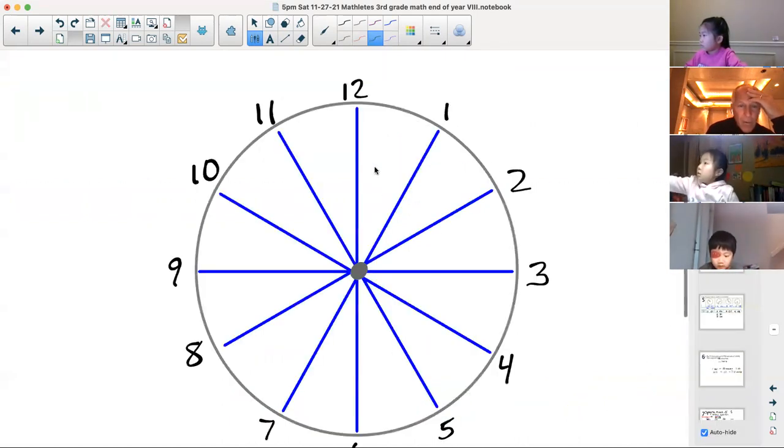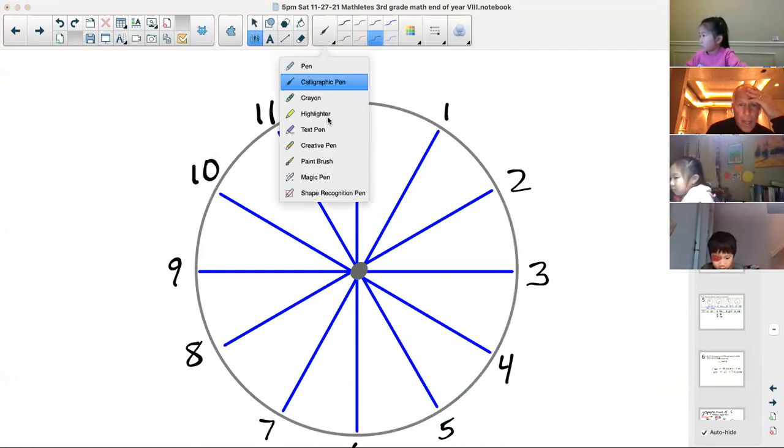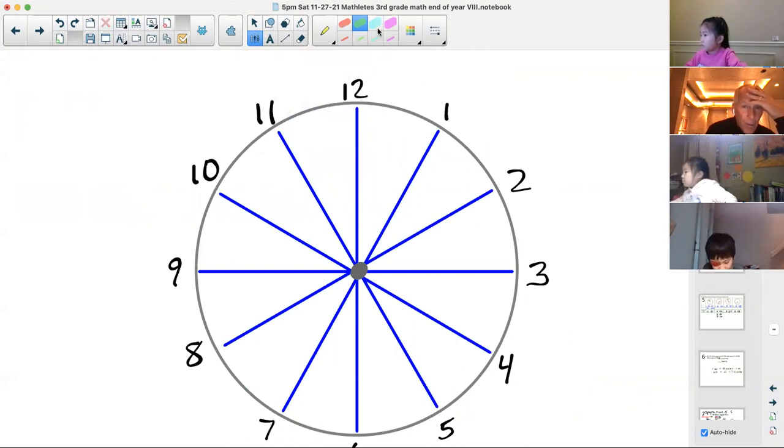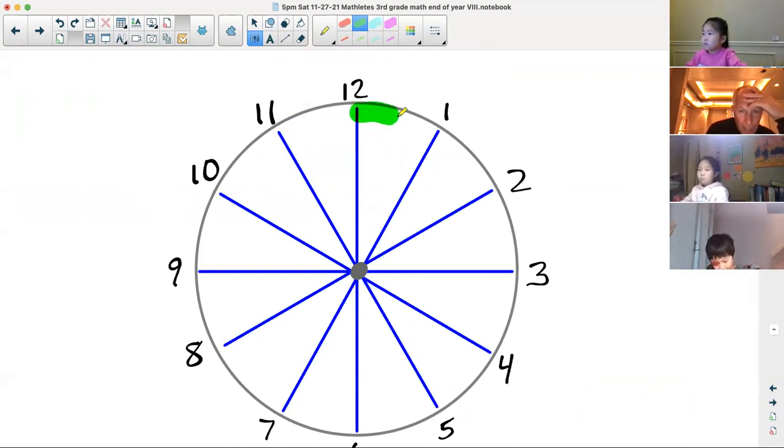And let's look at Mr. Kramer's clock, okay? If I look at this clock, and I know this is 5 minutes. Now I want to go all the way to 45. Jason, look up here. So I go 5.